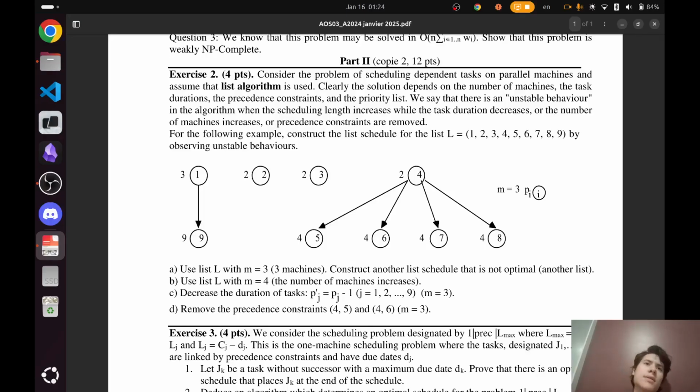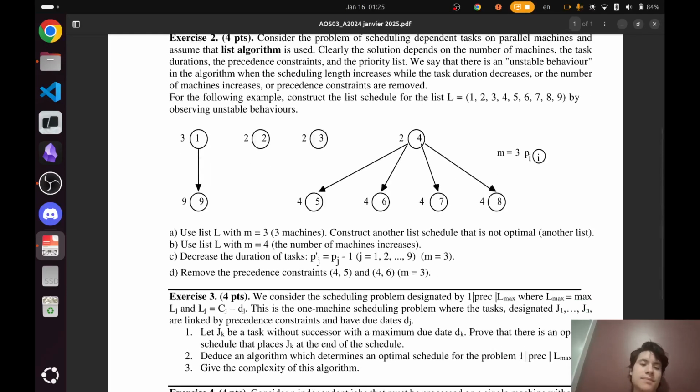Here we analyze something called unstable behavior, whose definition is that even when we increase the number of tasks, the duration of each of the tasks, or the number of machines, the minimization objective still does not decrease, or even increases. It's contrary to logic, because you have more resources and you're getting worse behavior, and that's it.